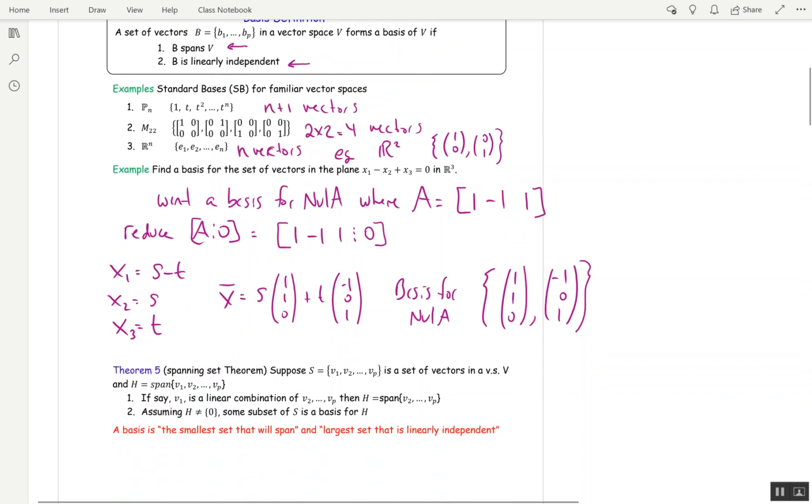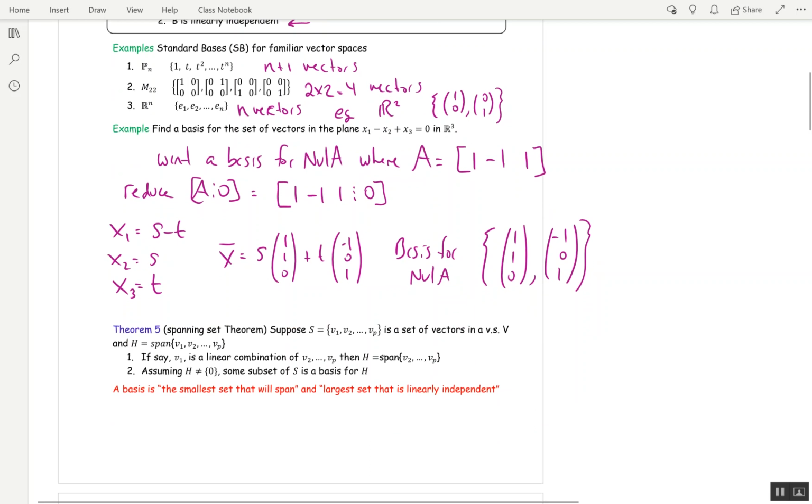Okay, spanning set theorem. Suppose we've got a set of vectors in a vector space, and we take the span of those vectors. So H is the span of v1 through vp. What this theorem says is that if one of those vectors is a linear combination of the others, you can toss it out and you're still going to span the same set.